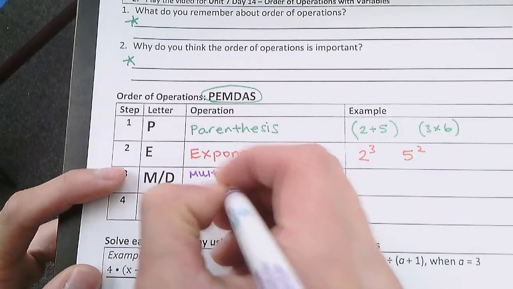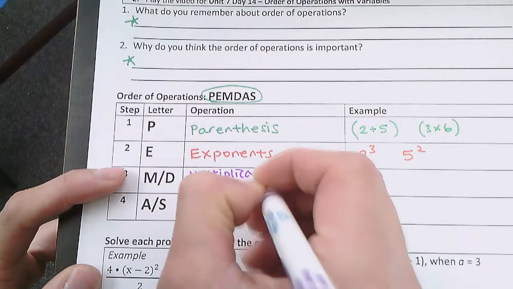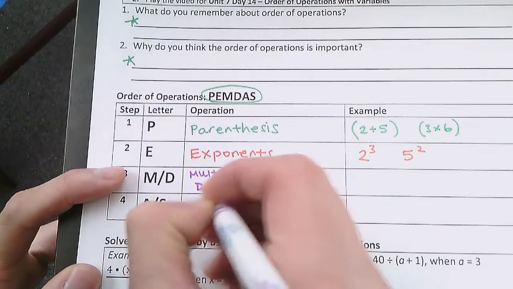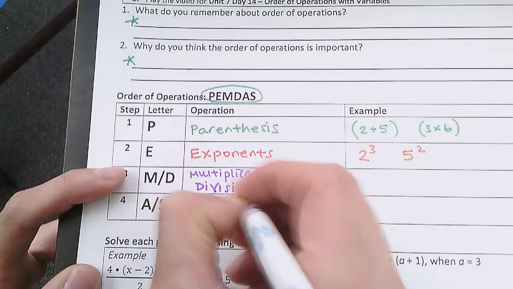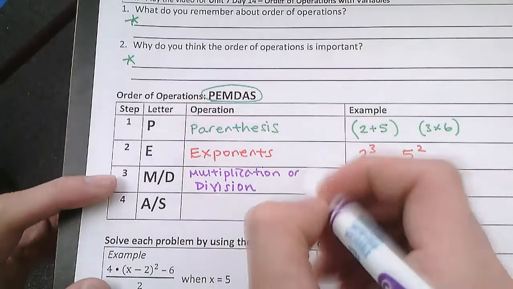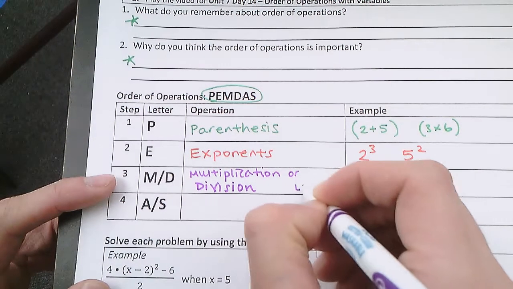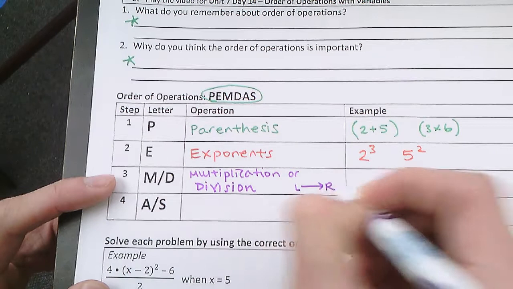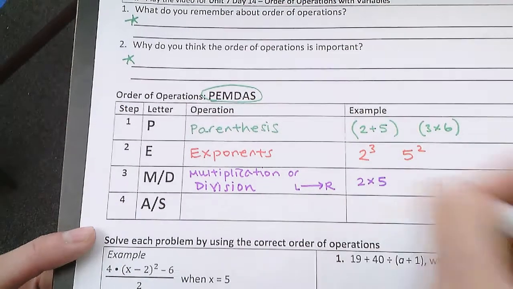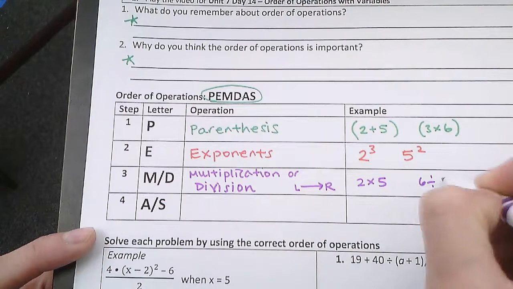Multiplication or, right, division. And anytime there's multiplication or division, we're just going to solve that going from left to right. Right, that might be like 2 times 5 or 6 divided by 3.